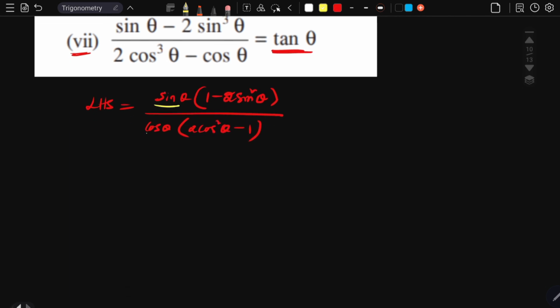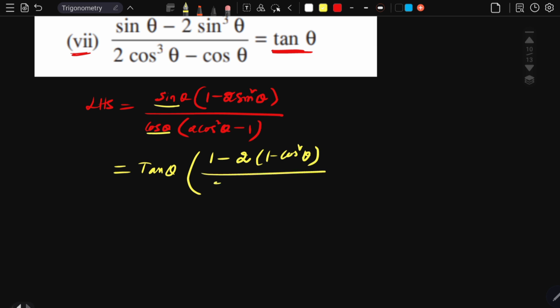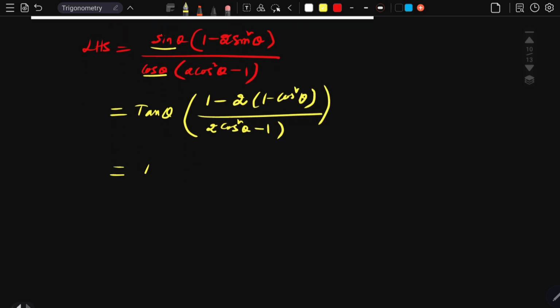By observation, sin theta by cos theta together we can write as tan theta, multiplied to 1 minus 2 sin square theta. That alone is simplified using sin square theta as 1 minus cos square theta. In the denominator, don't simplify anything; write as usual, 2 cos square theta minus 1. This is further written as tan theta multiplied to 1 minus 2 into 1, which is 2, and minus into minus plus 2 cos square theta.